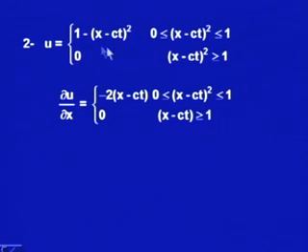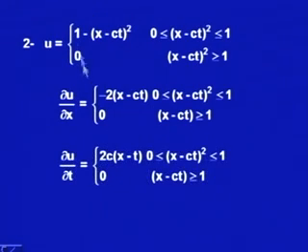This function is continuous, and del u over del x in this region is minus 2 times (x minus c t), the derivative of x being 1, and in the other region it is 0. Similarly, the derivative with respect to t involves the derivative of c t, which is minus c, so we get 2 times c (x minus c t) in this region and 0 elsewhere.